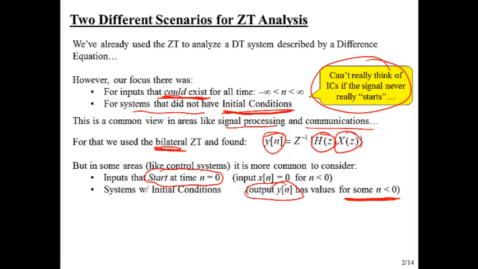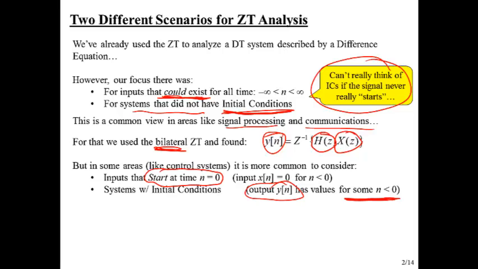Now that's a little different than in the continuous time case. You may remember from your differential equations class that for a differential equation, the initial conditions are the signal, the output, its derivative, its second derivative, and so on, but all at time equal to zero, all at a single point in time.